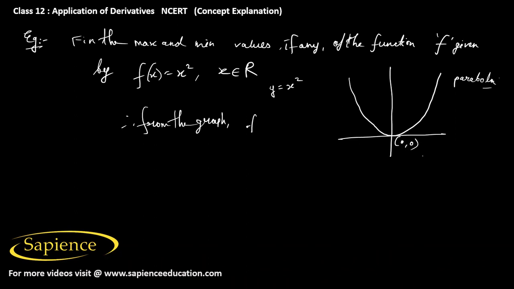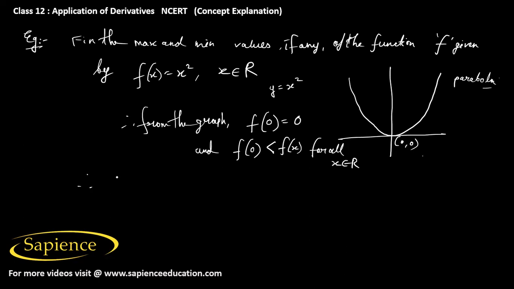Therefore f of 0 will be equal to 0. It means at x equal to 0, f of x is 0. And f of 0 is less than f of x for all values of x belongs to R. We can see that.